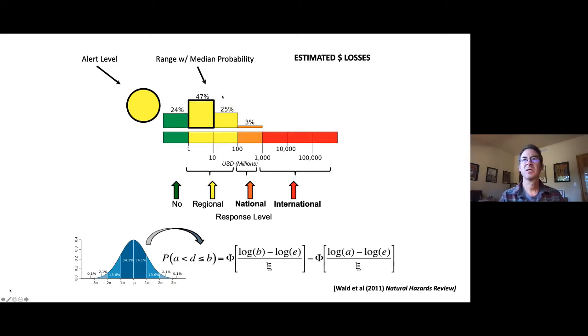We also give a histogram of the range of economic losses. It looks quite similar, where a red alert would be an estimate of $1 billion worth of losses. And in some situations, we have very expensive earthquakes with few fatalities, and sometimes we have very, very high fatalities, and these demand different types of responses.